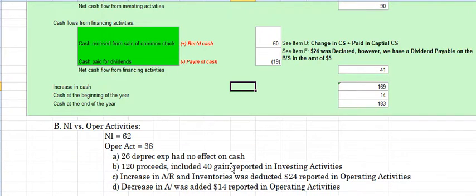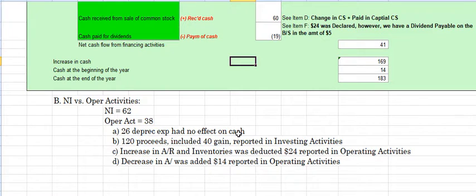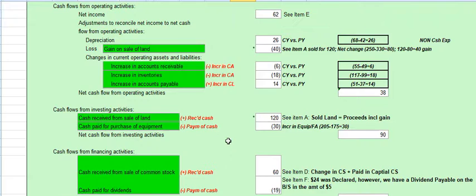Part B of this problem asks why or was Olson Jones net cash flow from operations more or less than net income? Well, we want net income versus net operating activities. Our net income was 62, our operating activities was 36. If you look at these entries up here, you can see that you had the $26 for depreciation, which is non-cash.